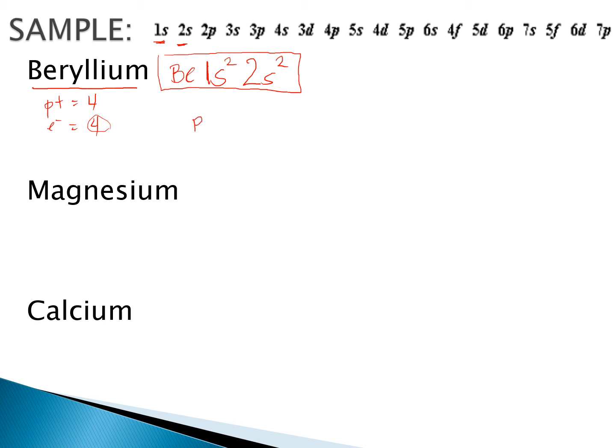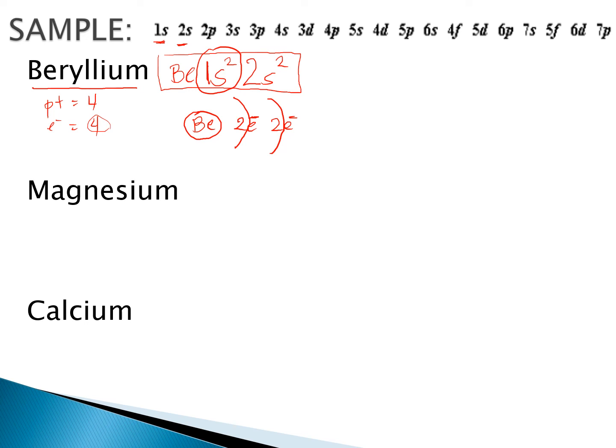This represents the nucleus of beryllium. This is the first energy level, 1s2. So there are 2 electrons. And the second energy level, we have 2s2. So there are also 2 electrons. So that is the half shell diagram of beryllium.